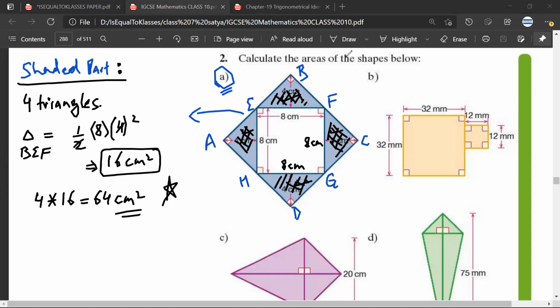And let us say that I want to find the area of this figure, area of the figure BEDC.